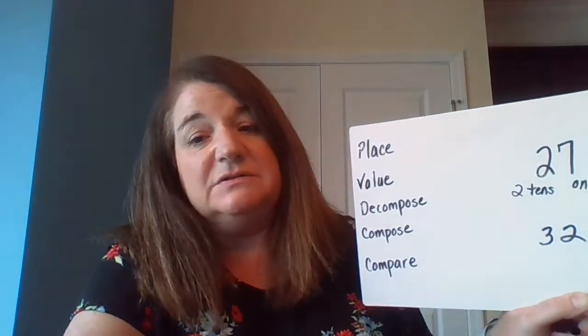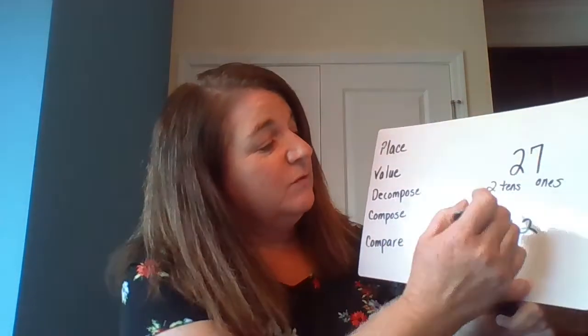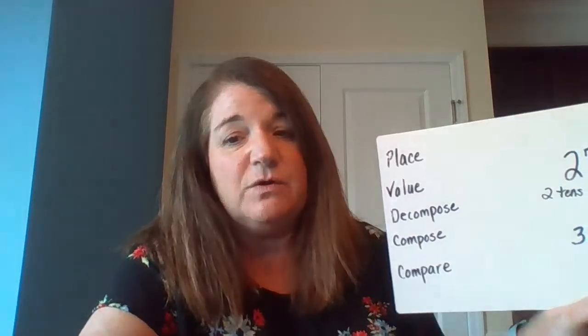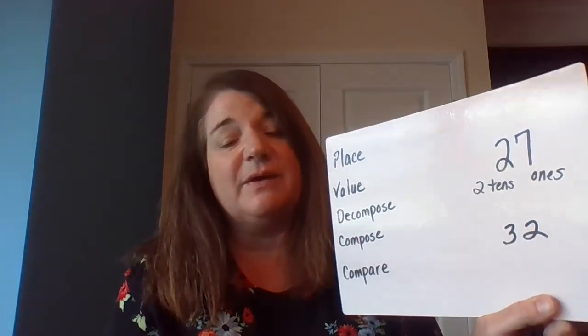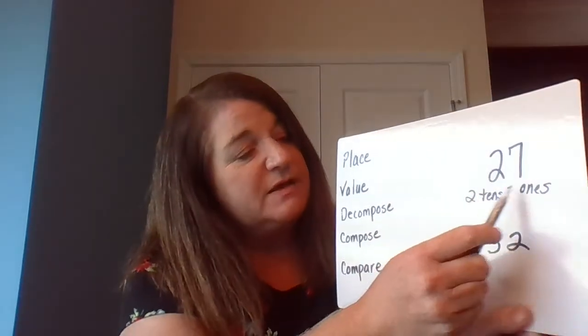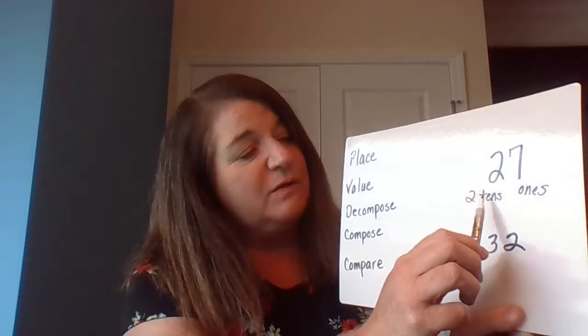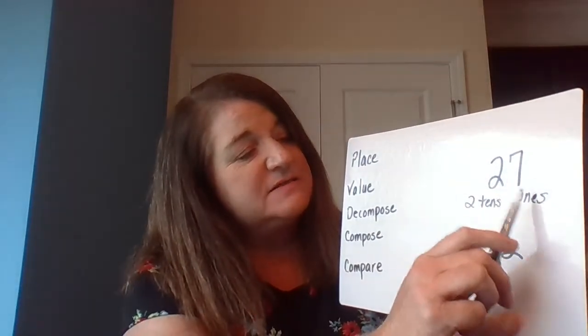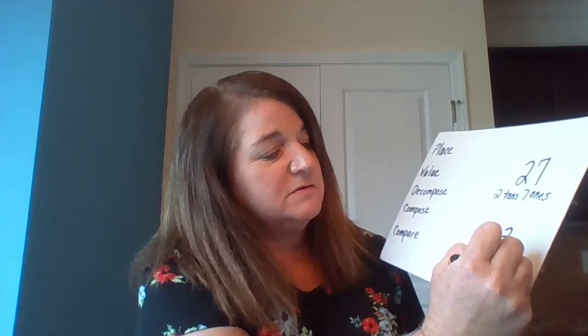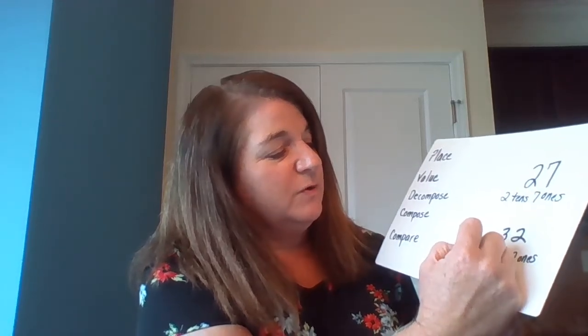Sometimes that's called word form, and if we write it out with what it actually looks like, it could be expanded form and all those different forms that you talked about with your teachers. So if we decompose it and break it apart, we can tell we have 2 tens and 7 ones. So if we look at the number 32, let's decompose that. We have 2 1s and 3 10s.